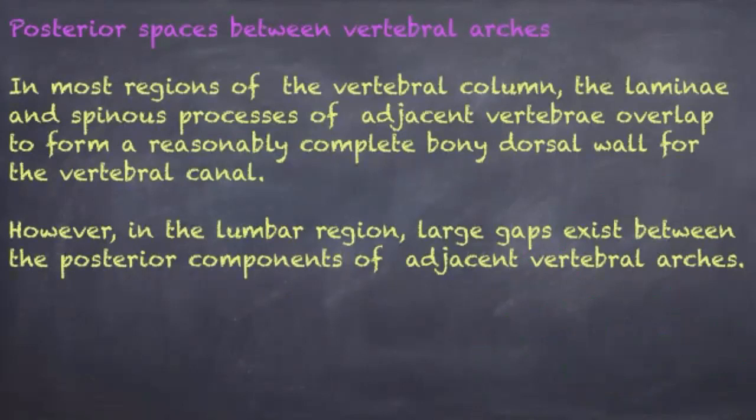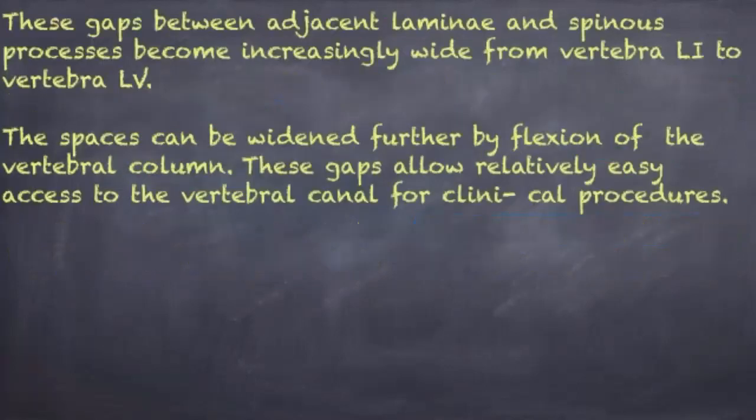Posterior spaces between vertebral arches. In most regions of the vertebral column, the laminae and spinous processes of adjacent vertebrae overlap to form a reasonably complete bony dorsal wall for the vertebral canal. However, in the lumbar region, large gaps exist between the posterior components of adjacent vertebrae. These gaps between adjacent laminae and spinous processes become increasingly wide from L1 to L5.